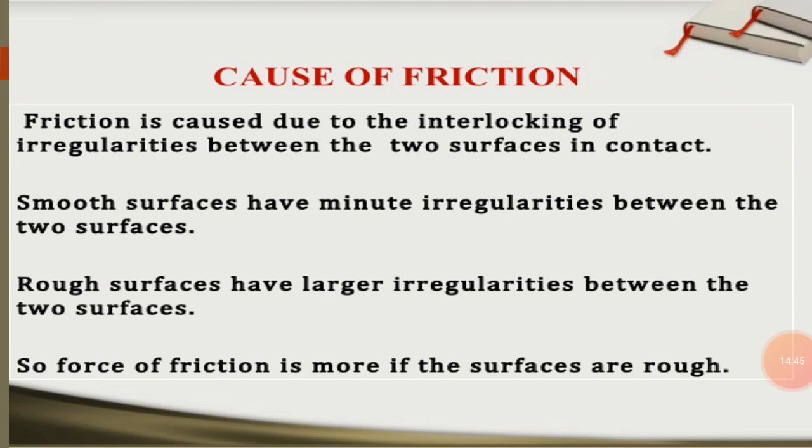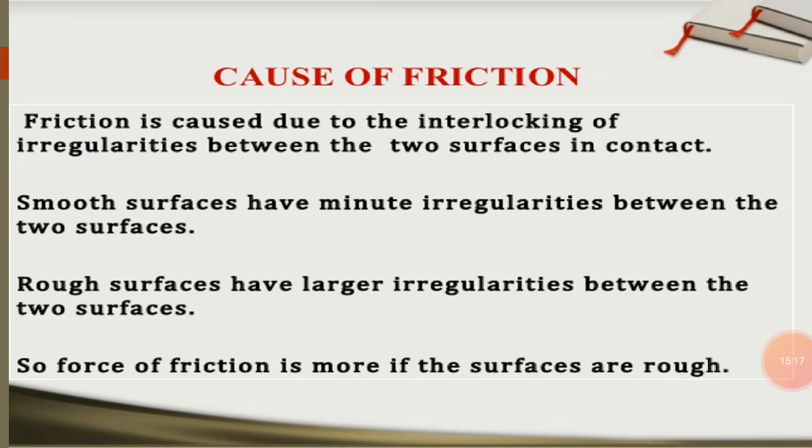So it means that there is some force acting on that box that does not make it move. That force is commonly known as the frictional force, and it is mainly due to the interlocking of the irregularities between the two surfaces which are in contact with each other. So friction is mainly caused due to the interlocking of the irregularities between the two surfaces in contact.